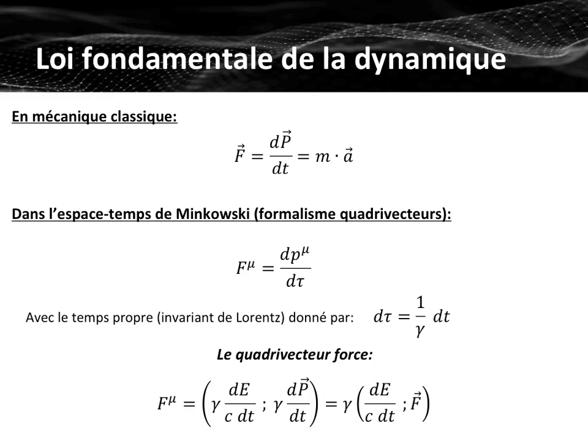In classical mechanics, if I want to study the motion of any particle, it's governed by Newton's second law, which tells us that the vector force F is nothing else than the time variation of the vector impulsion, or momentum, P. Since P equals m times v, this is nothing other than ma, the second law of Newton.